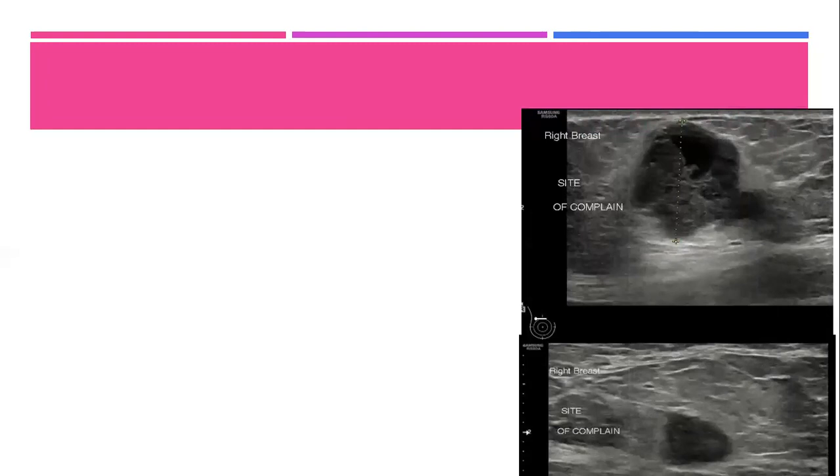So I will proceed to ultrasound. This is the ultrasound. The ultrasound showed a complex mass with microlobulated borders, surrounded with a thick hyperechoic area.